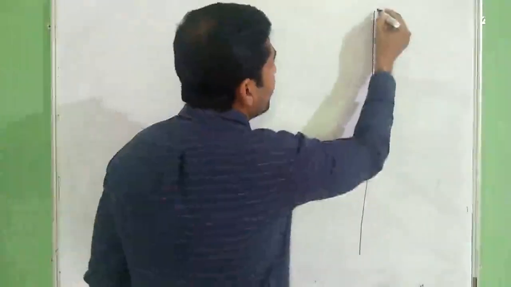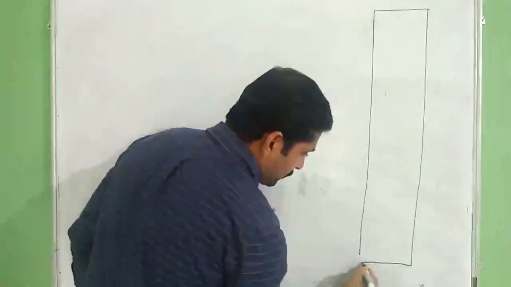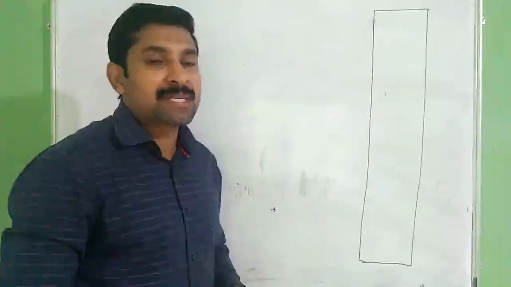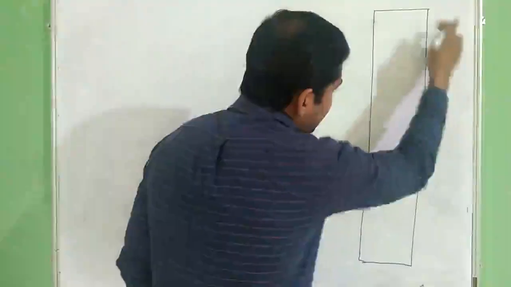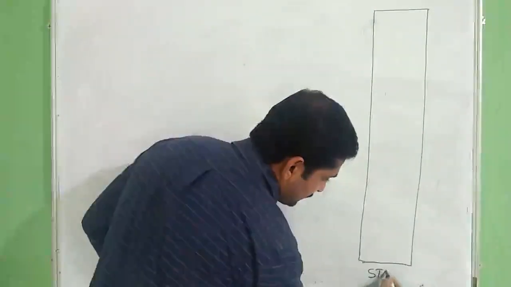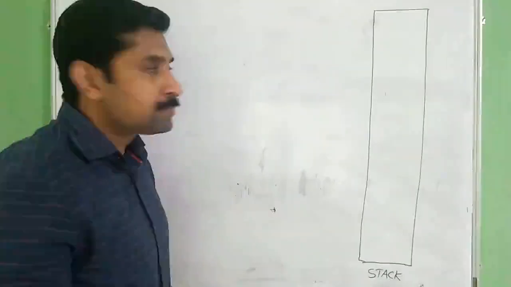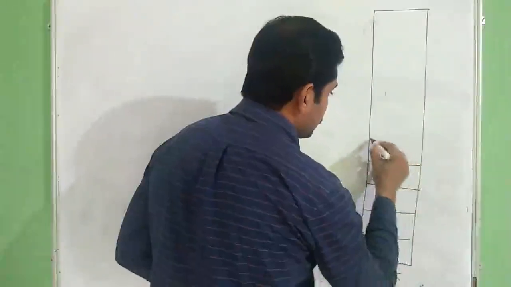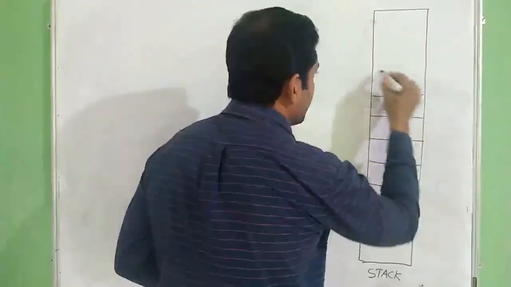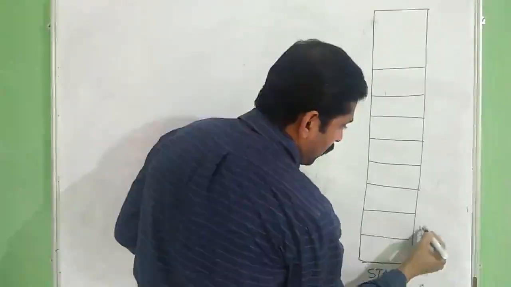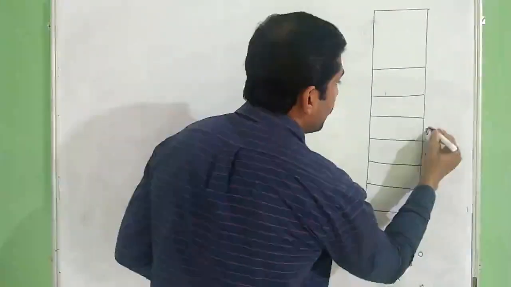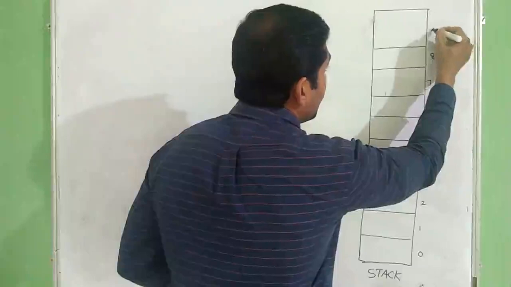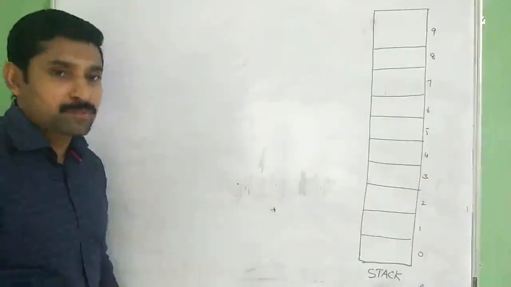Since it is static in nature, the maximum capacity is predetermined. Suppose the capacity of the stack is 10, and we have named this array as stack for our convenience, and it can occupy a maximum of 10 items, indexed 0, 1, 2, 3, 4, 5, 6, 7, 8, 9.